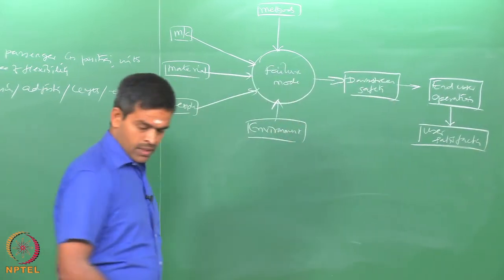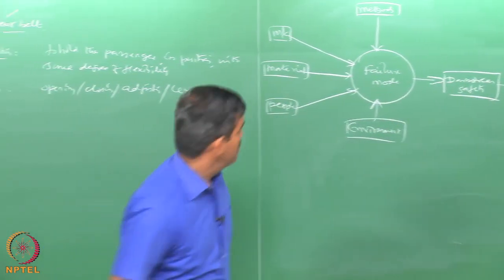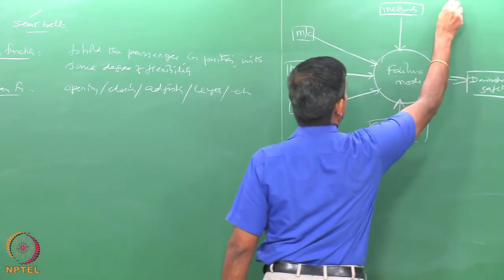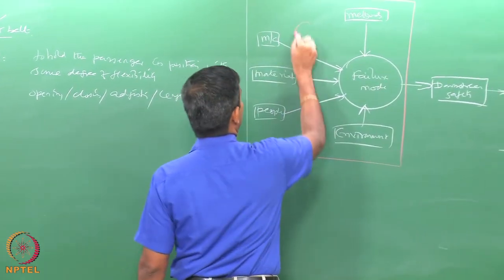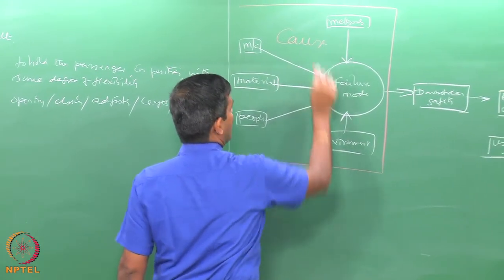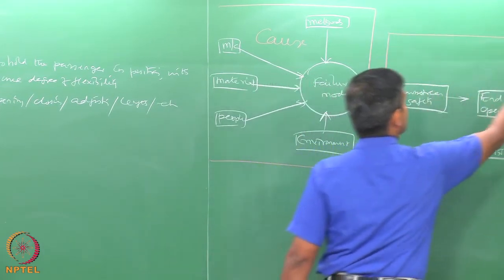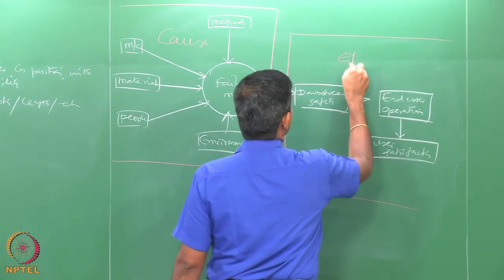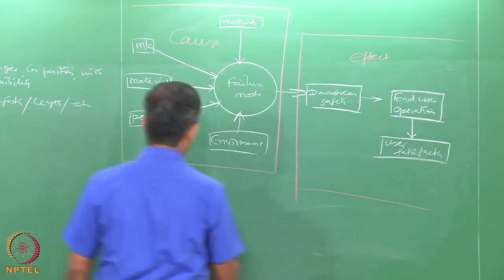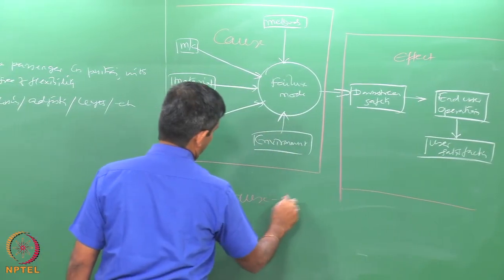So, friends, this part is called cause and this part is called effect. So, this is the layout of a cause effect diagram.